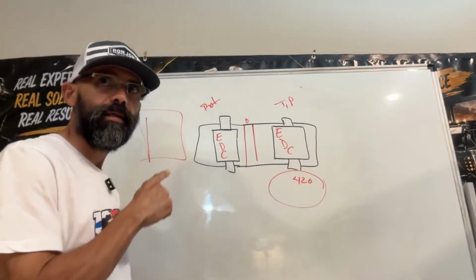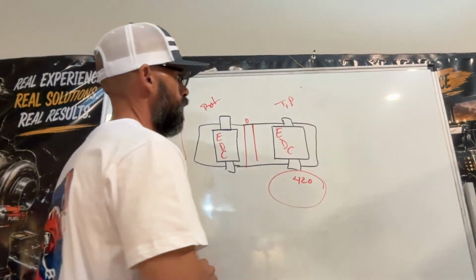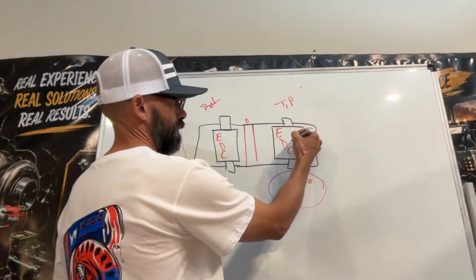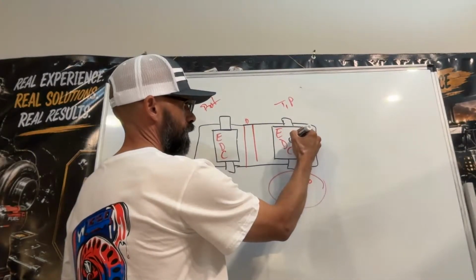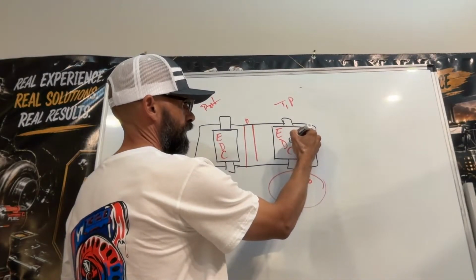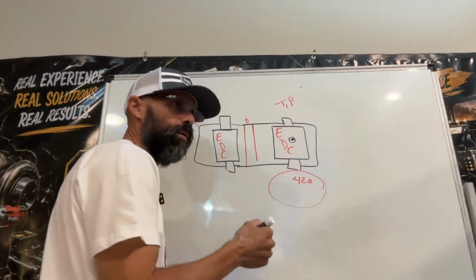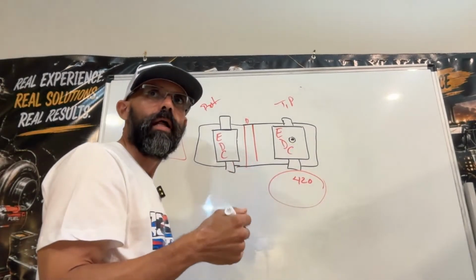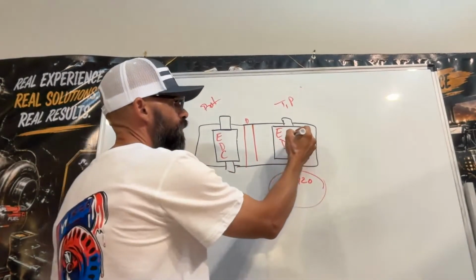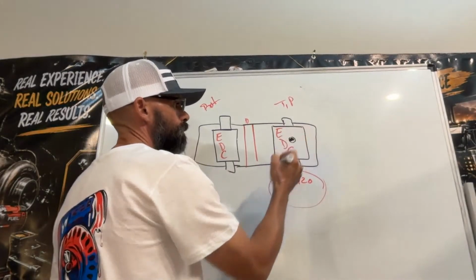On this EDC, you're gonna have a plug in the middle with an Allen hole. You need an Allen wrench to remove the plug, right?